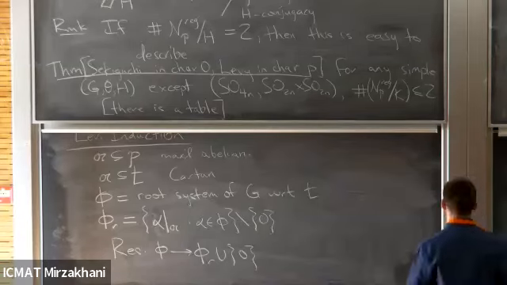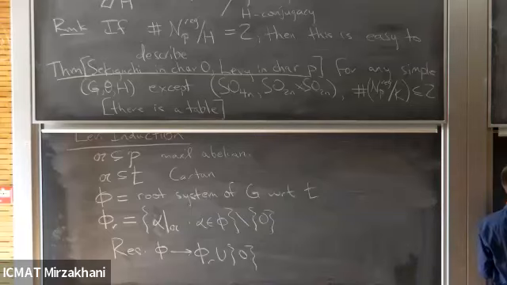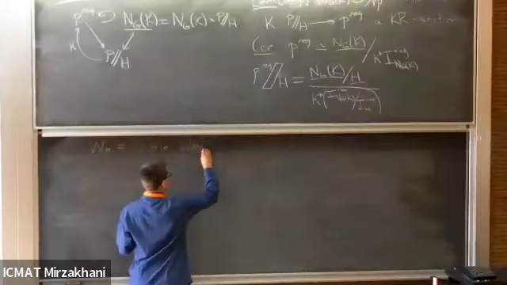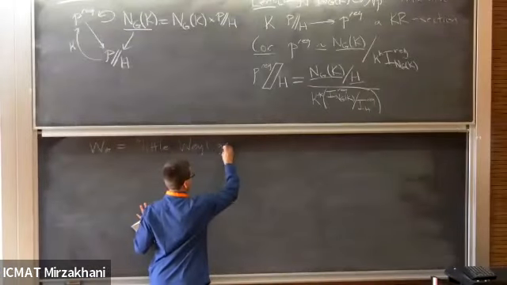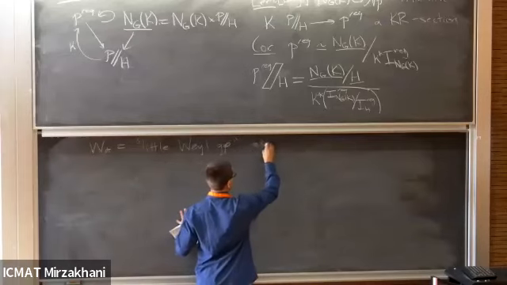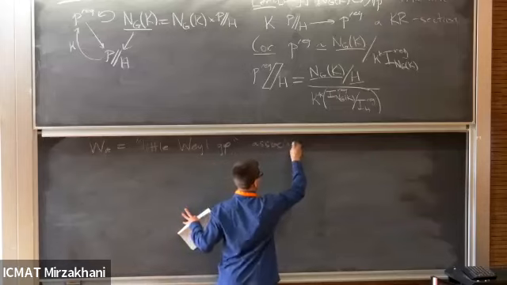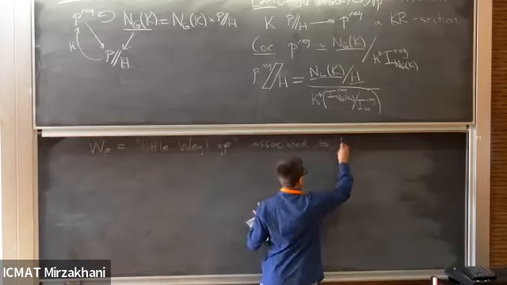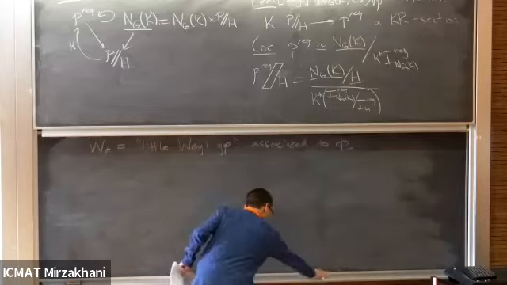The point being that I still have some Weyl group. It's called the little Weyl group in the literature. So this is the Weyl group associated to my restricted root system.